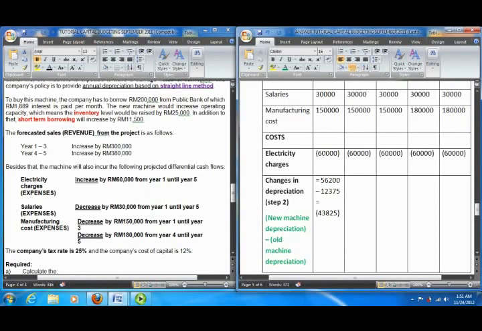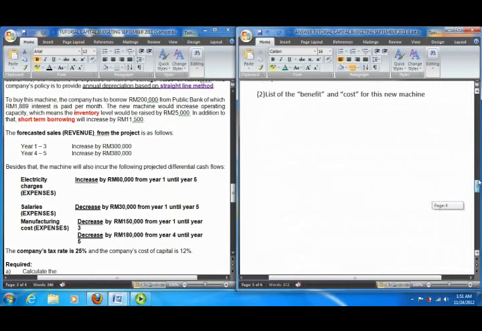Class, as you can see, old machine depreciation is only 12,375. But now your new machine is 56,200. Means that your depreciation increased. So we consider it as cost.